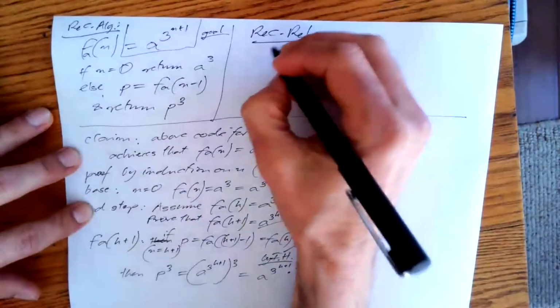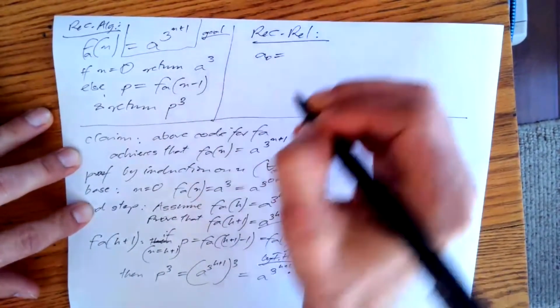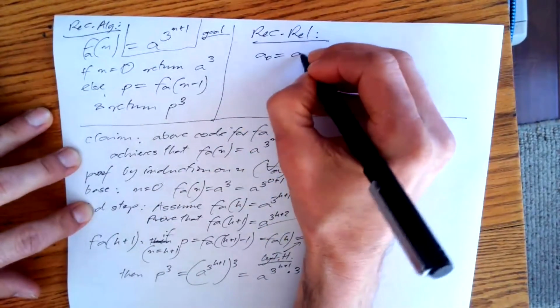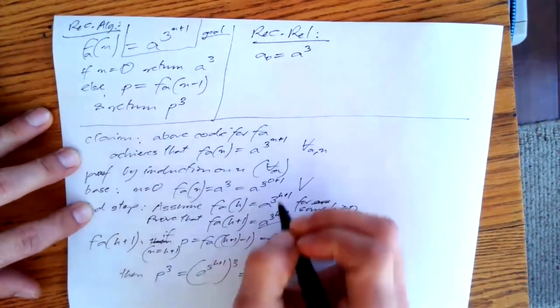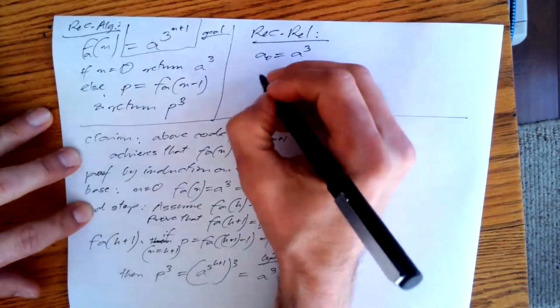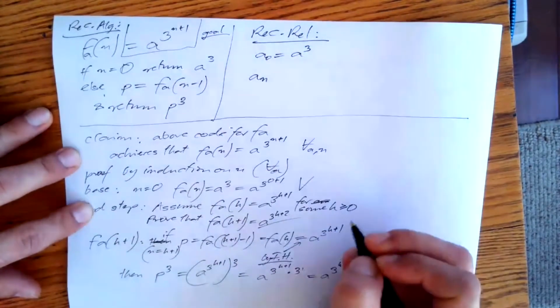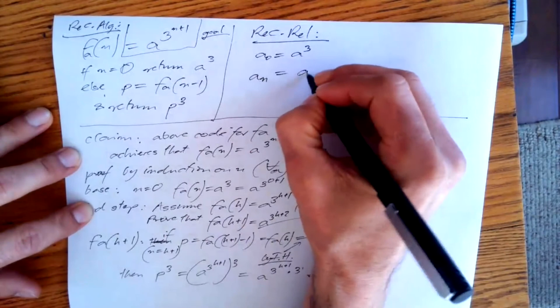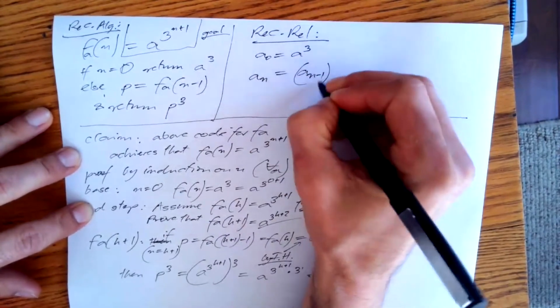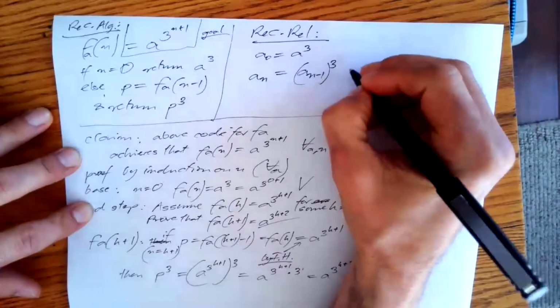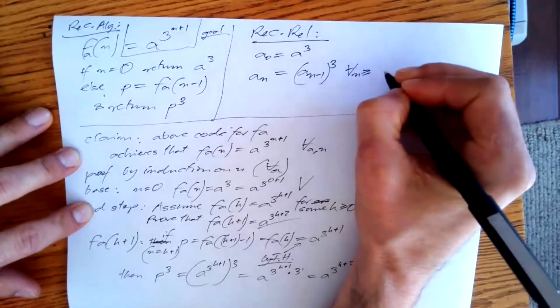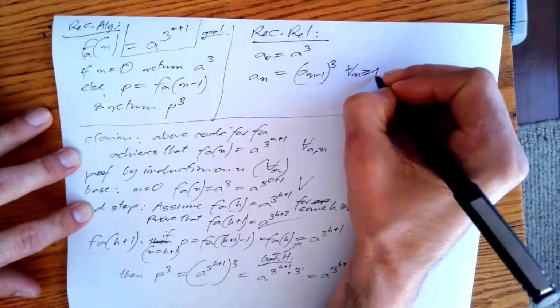Let's say that somebody gives you the following relation. The first element in the sequence is a to the cube, and then the next element of the sequence is defined as the previous one cubed, and that's for all n greater than 1.